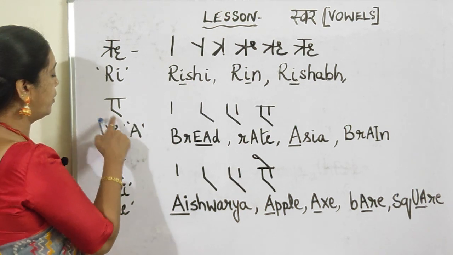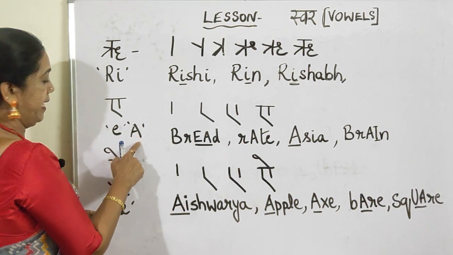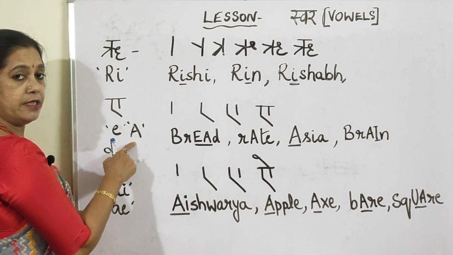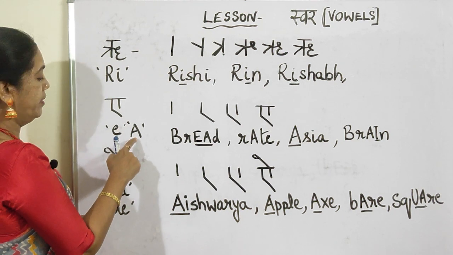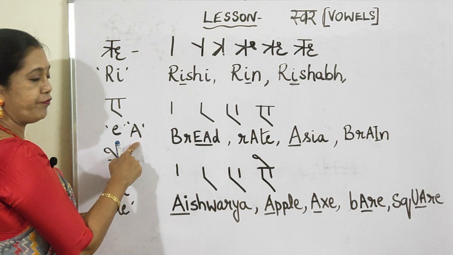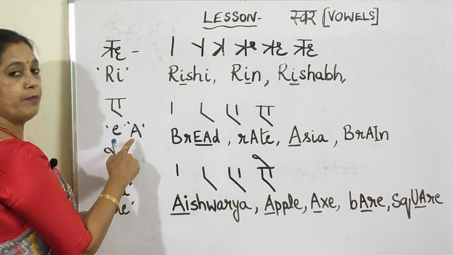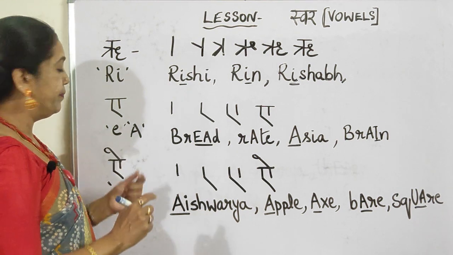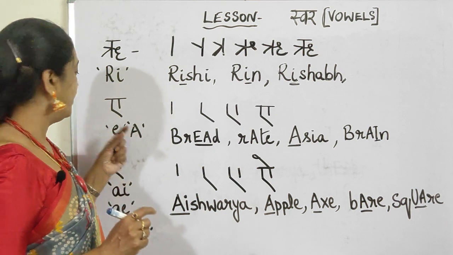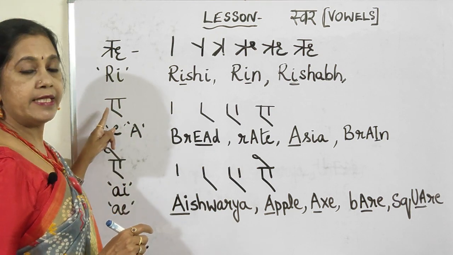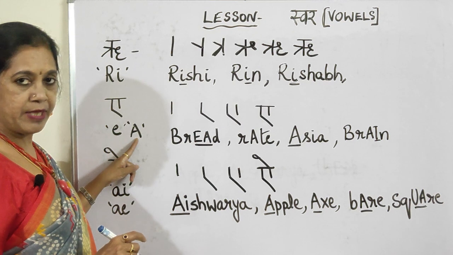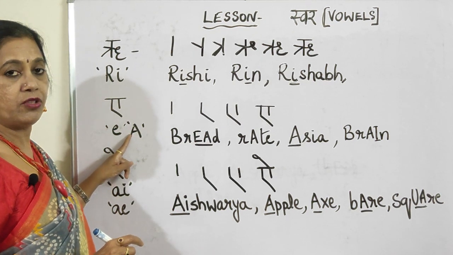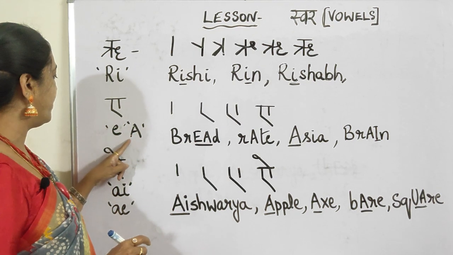Because this sound comes here just like the letter A phonetically. In English, the phonic sound of this is A, but we tell it as A. Otherwise, when we say it without the phonic sound, we say it as A, so I've given it here.